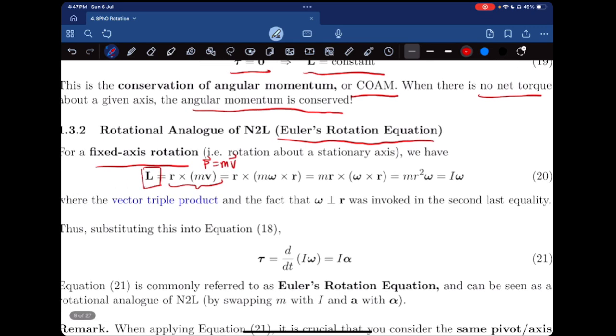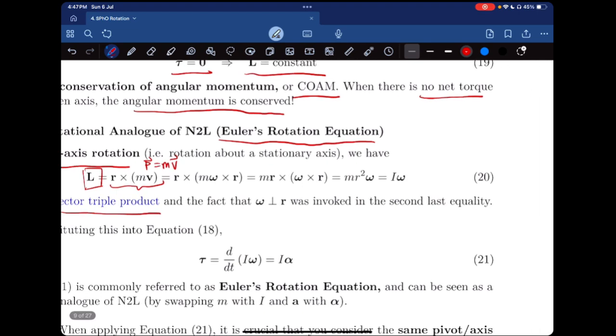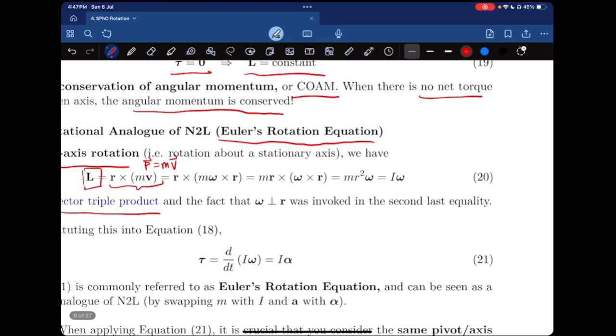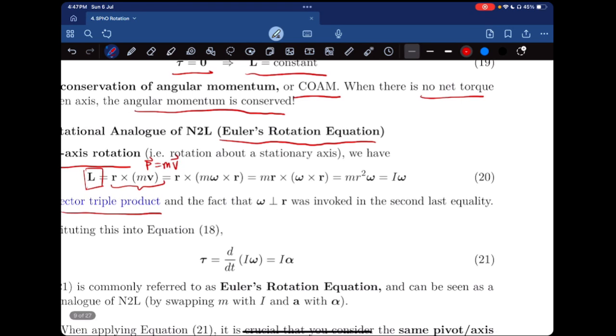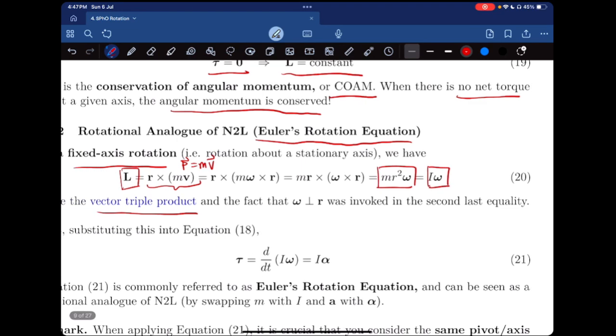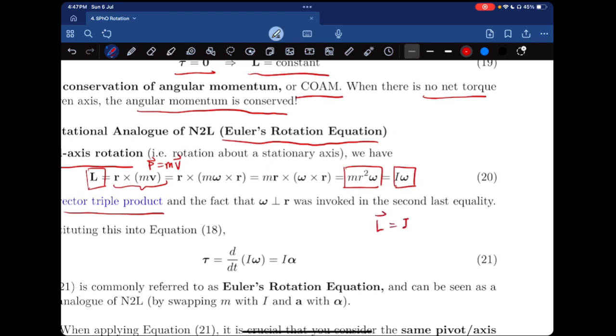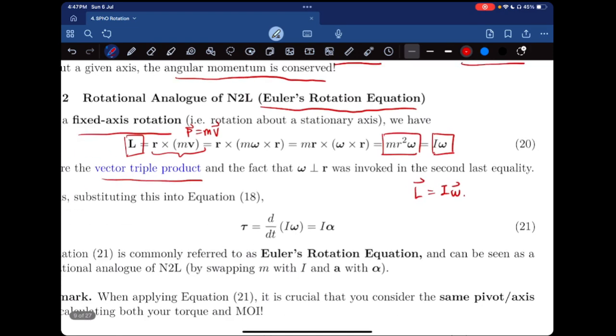We use the vector triple product, which is technically out of syllabus, but it's just to show you the derivation. You can see that you get mr squared omega, which is I omega. So L equals I omega. It's another way of defining your angular momentum.